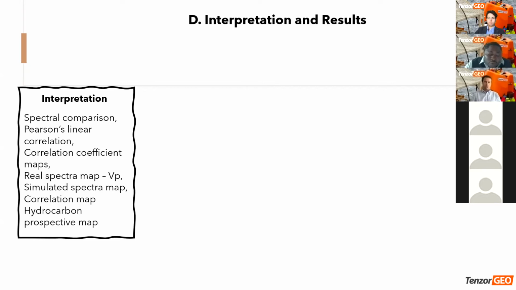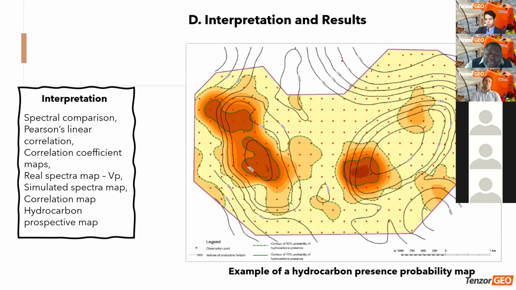Then finally, we do what's called a correlation coefficient, where we rank the final simulated and the observed spectra into one map, and we rank this into a potential hydrocarbon probability map, which will have high, medium, and low hydrocarbon potentials, as seen in this figure, where the areas with darker colors give you an indication of the highest probability of hydrocarbon, while those with the lower colors are less probability of hydrocarbon.